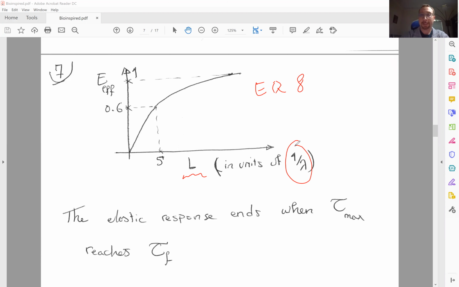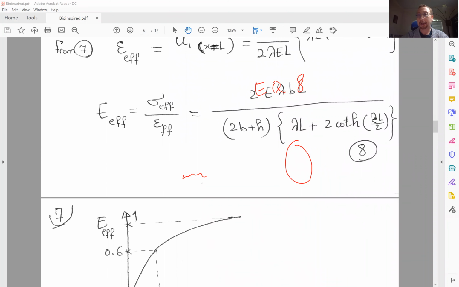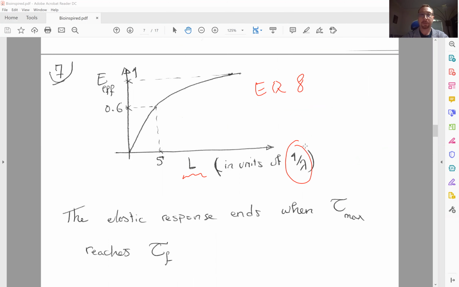Looking at equation 8, you can see that it's a function of lambda L. When you plot that, you see that when L is equal to 5 over lambda, we are at an effective modulus of 0.6.